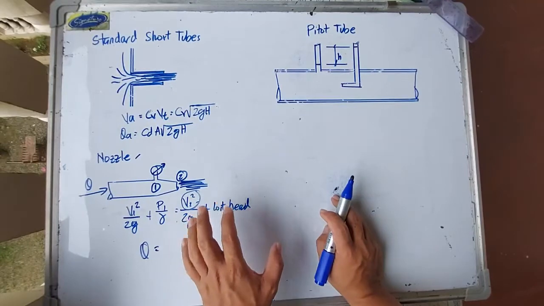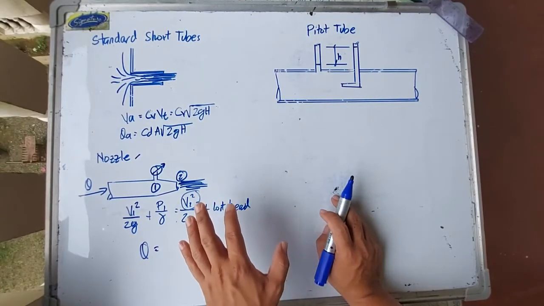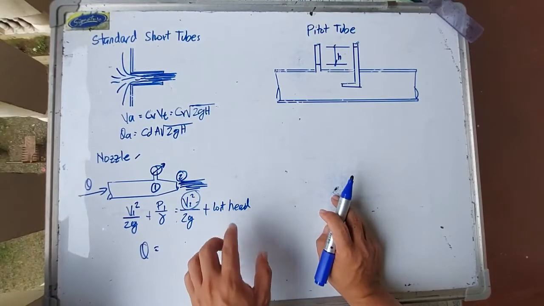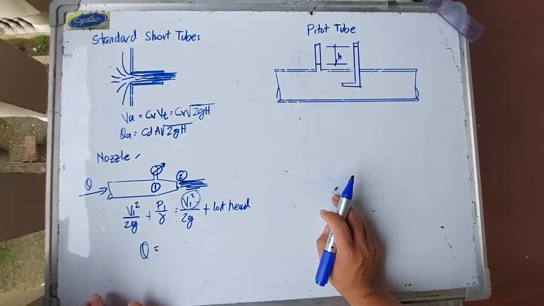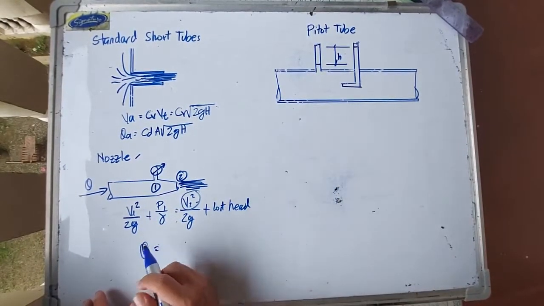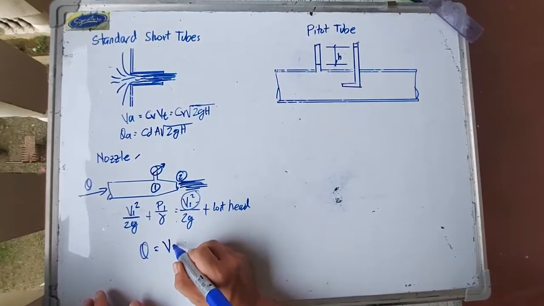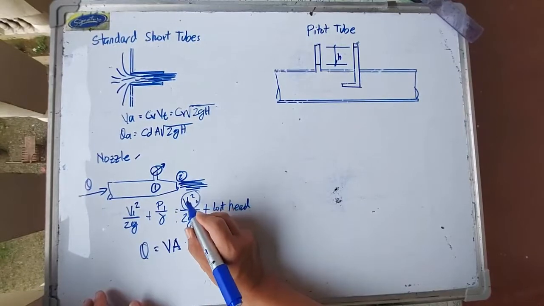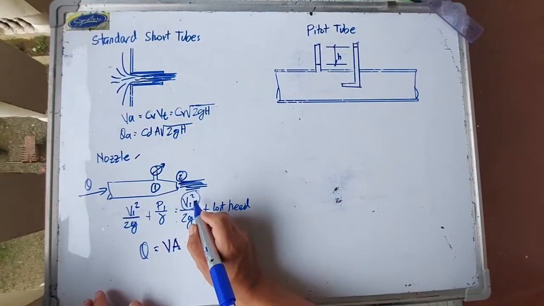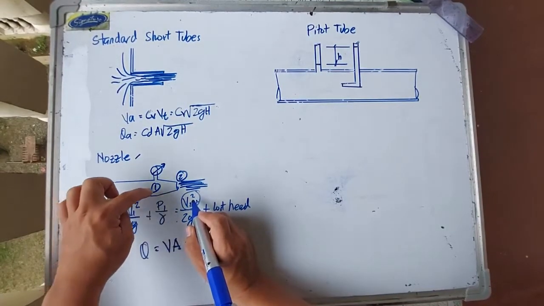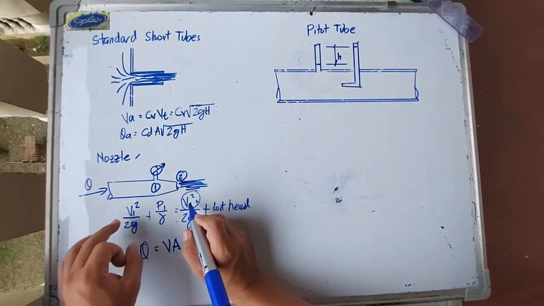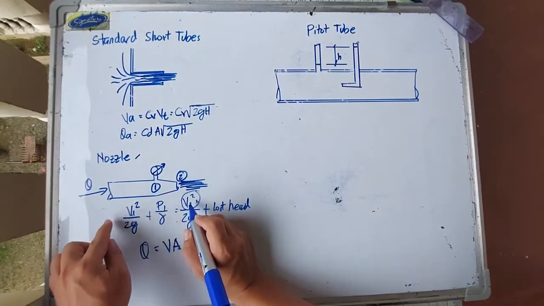If the loss of energy is minimized, then perhaps we can neglect the loss of energy when we calculate for the actual velocity. So basically, the discharge is equal to velocity times the area. We can solve for the velocity at point 2. We know the velocity at point 1 and the pressure at point 1 also.